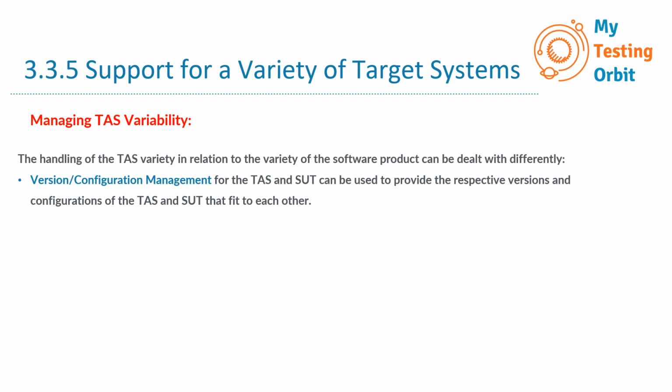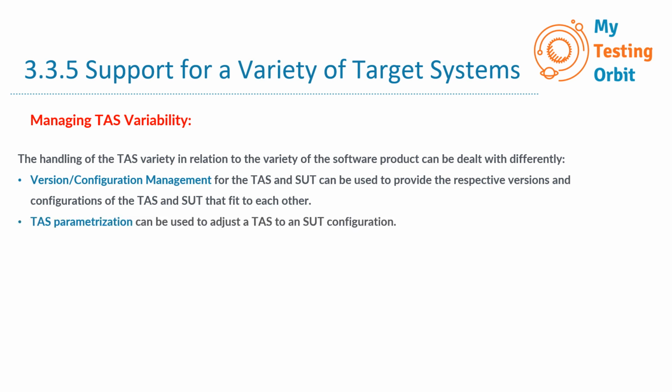This approach involves maintaining different versions and configurations of both the TAS and the SUT that are known to work together. For instance, if there are multiple versions of the weather forecast application, there should be corresponding TAS configurations for each version.